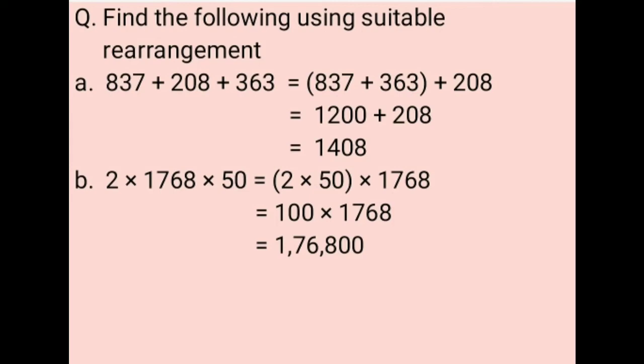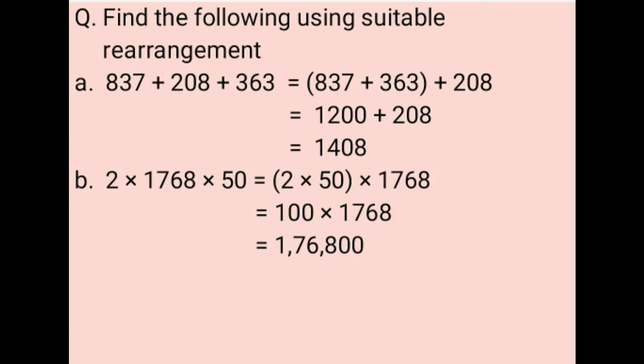So we used the commutative property. Then 837 plus 363 we can do first, so we used the associative property. 837 plus 363 becomes 1200. So we can easily add 208 to the 1200. So 1200 plus 208 equals 1408.